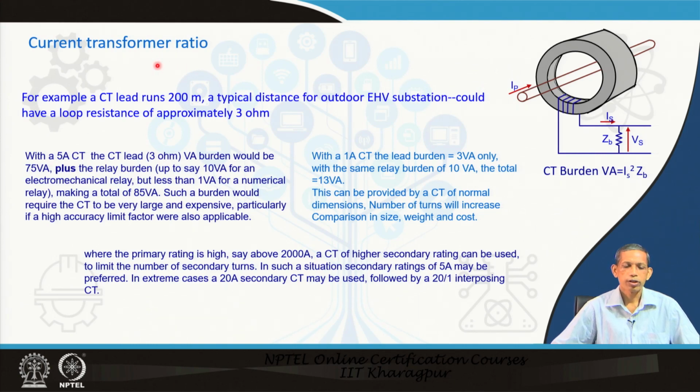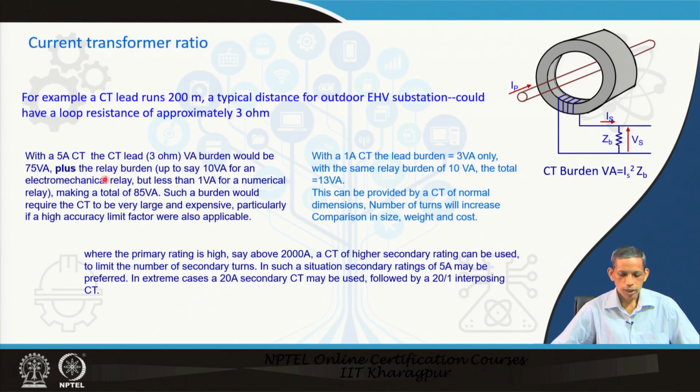On further discussing the current transformer ratio, here is one example. Let us say a CT lead runs 200 meters in a switchyard, an EHV substation. The resistance of the wire, the CT lead, can be as high as around 3 ohm.